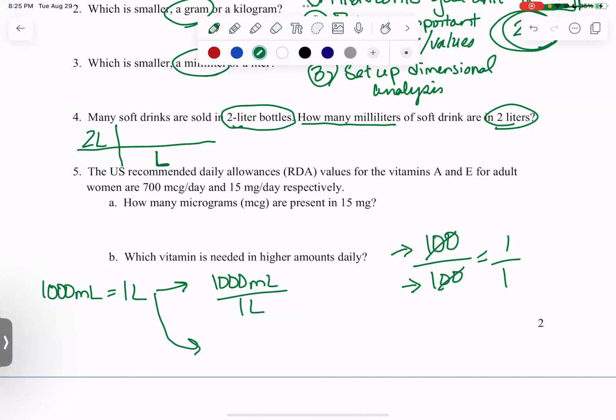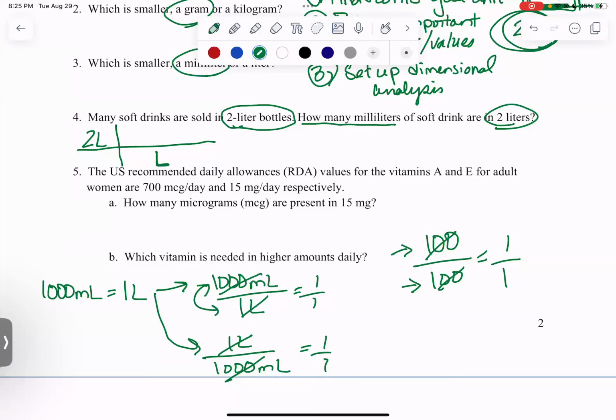The second way is to put milliliters on the bottom. These two fractions are actually the same thing because 1,000 milliliters is equal to 1 liter. They cancel out, and that's 1 over 1. Same thing here. So all we're really doing is multiplying by a fraction that is equal to 1 in order to get rid of units we don't want and introduce units we do want.